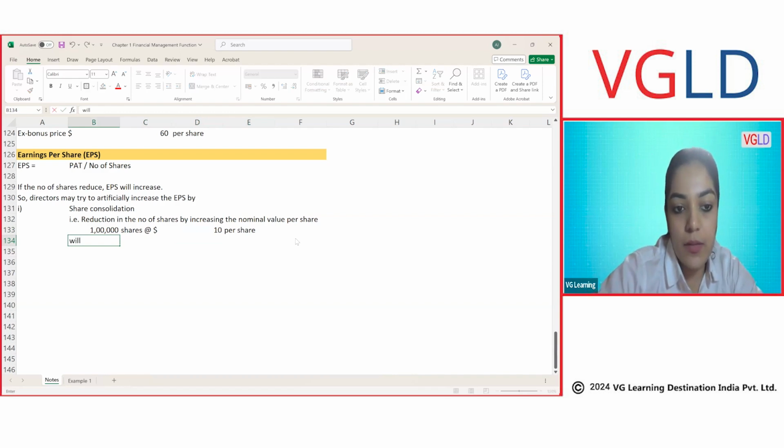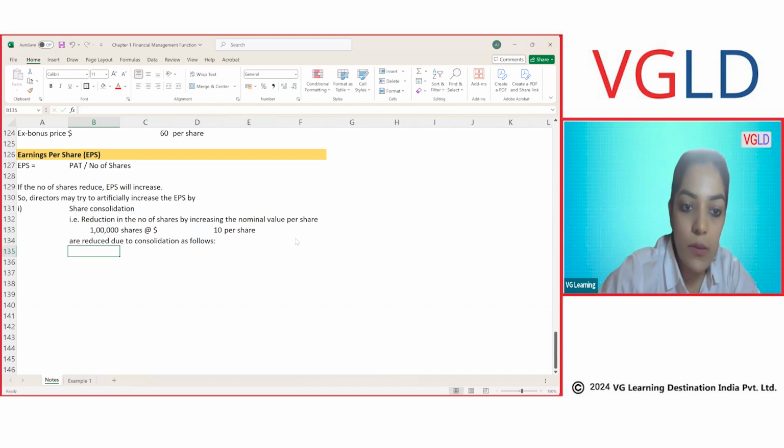They are reduced due to consolidation as follows. So the total nominal value won't change.